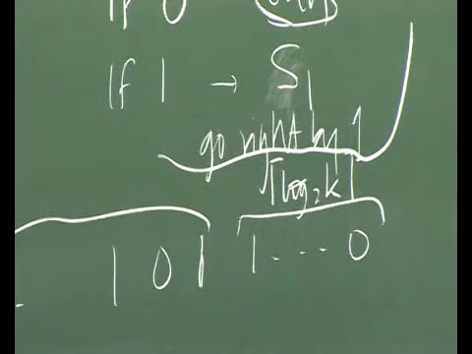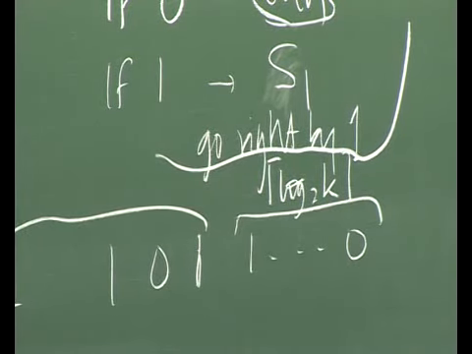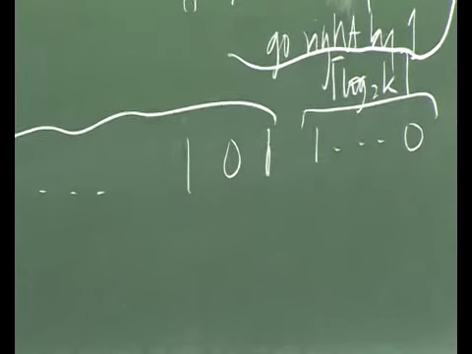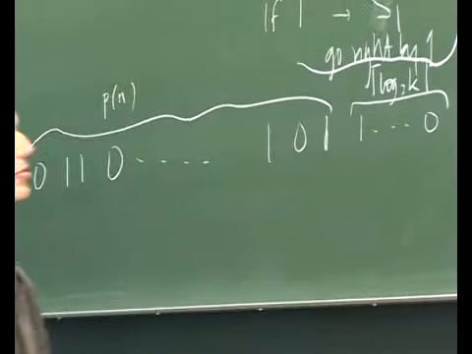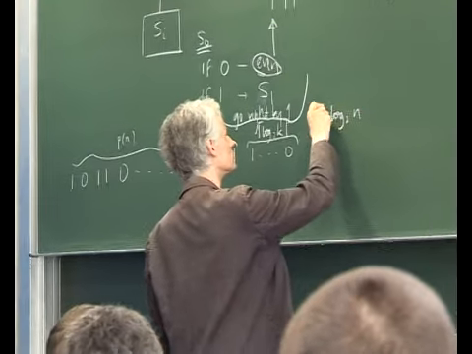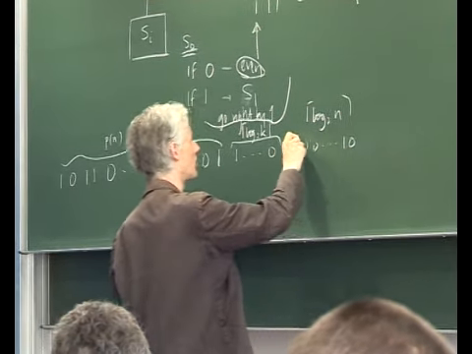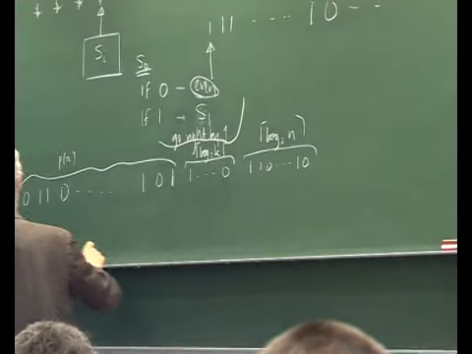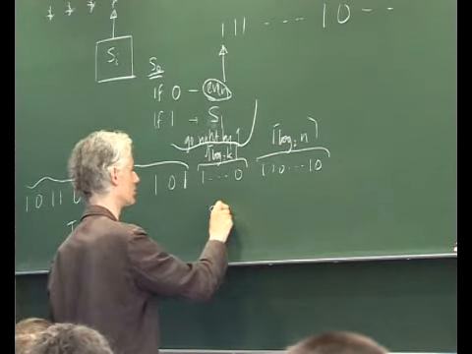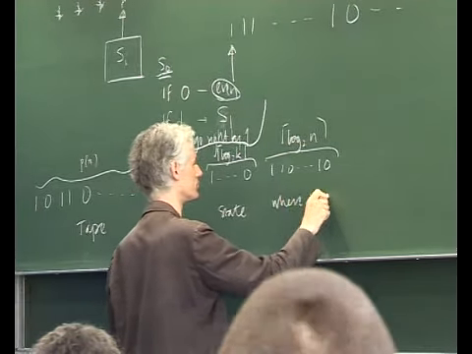And one other thing is that we want to know which position in the tape the Turing machine is actually pointing at a particular stage in the computation. And so we have another log₂n bits here. So that's the tape, that's the state, and that's where the machine is.